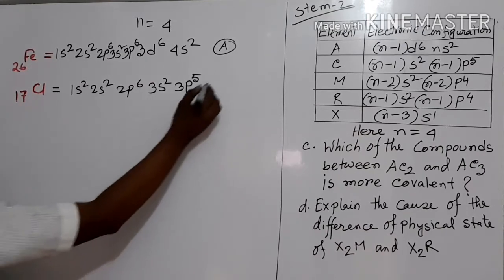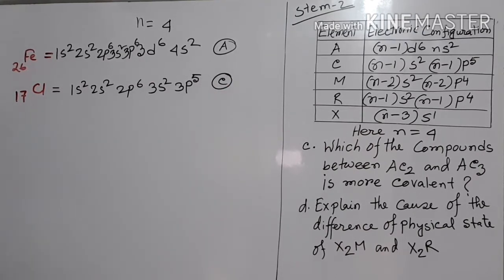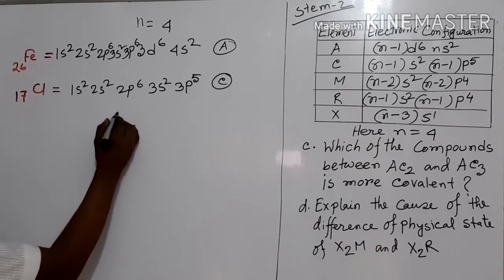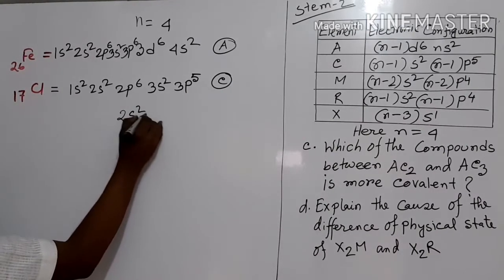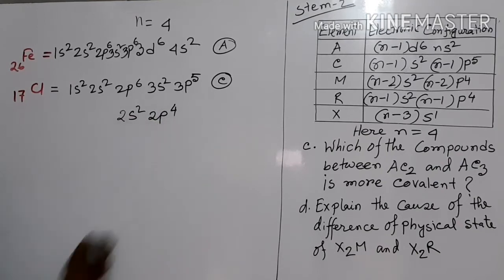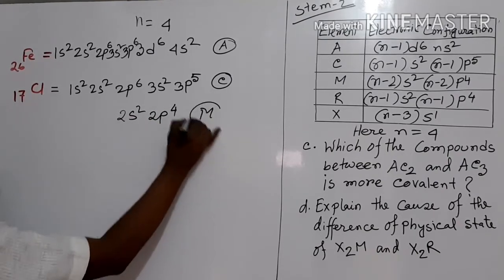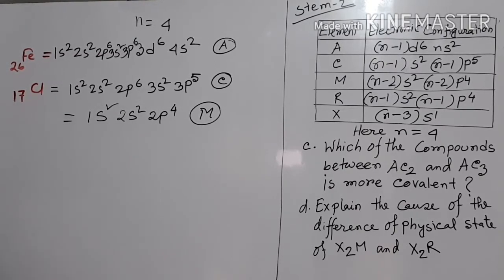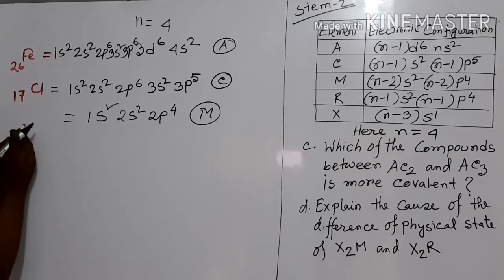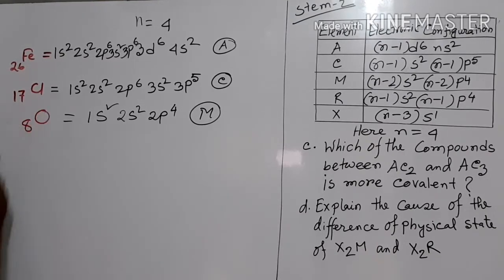Now M: ns2 (n-2)... here n minus 2 means 2, that means 4 minus 2 equals 2, so 2s2, 2p4. This one is M. So we write 1s2, 2s2, 2p4, and here the total electron number is 8. So the element is oxygen.